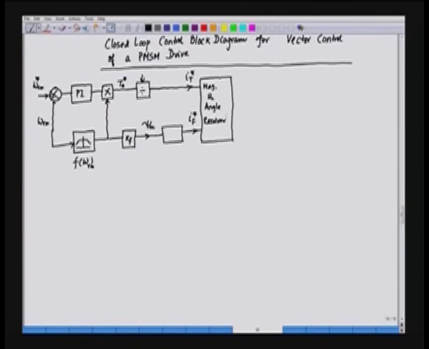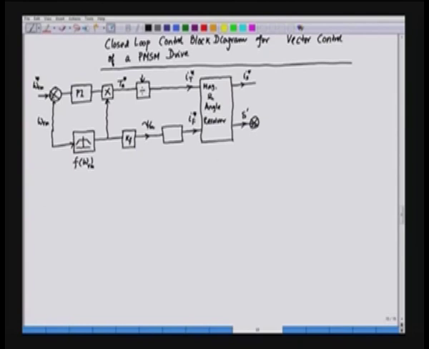So, with this what we do here, we convert the torque and the flux component into a magnitude and a phase angle, and the magnitude here will be the magnitude of the stator current, that is IS. IS star is the reference stator current, and the phase angle, in this case, is delta prime, and we add to this delta prime the rotor angle.